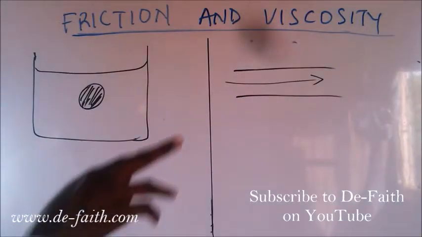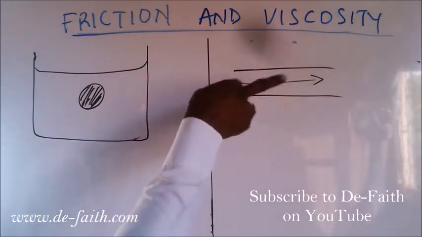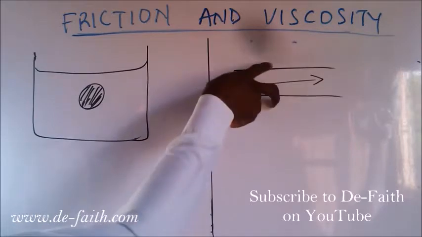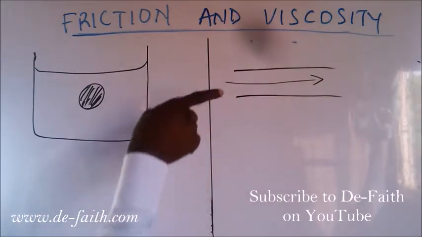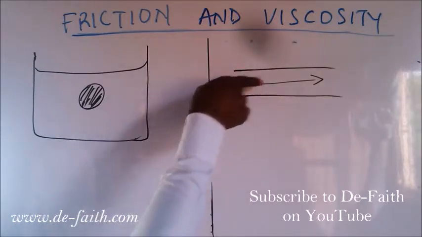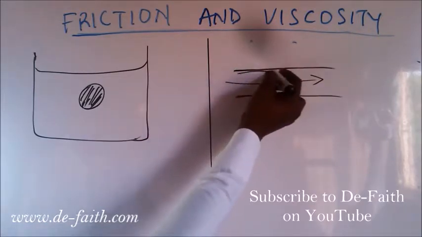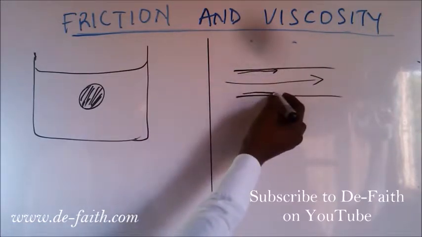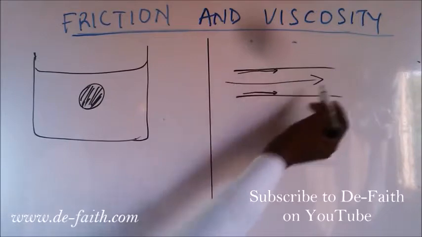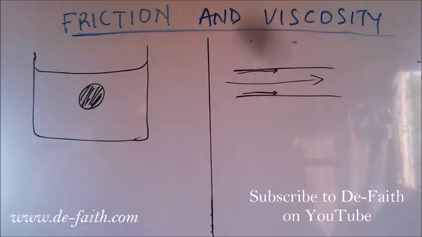Now the friction around the internal surface of this pipe is more than the friction at the middle. There's going to be more limiting force over here than here, and the viscosity between liquids are different. For instance, let's consider glycerol and water. So glycerol is going to have more friction than water.